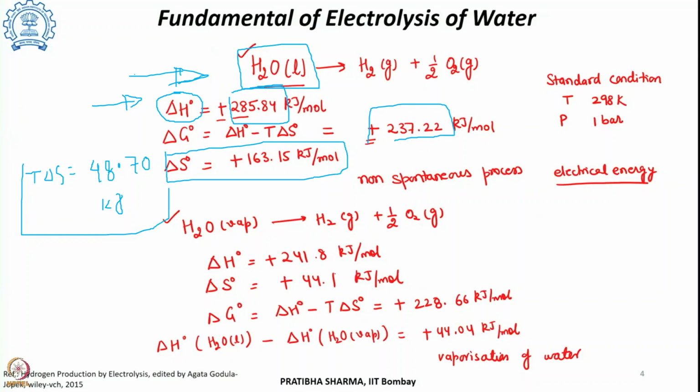Then, if you subtract T delta S, the delta G value will come to this amount. Are you getting me?